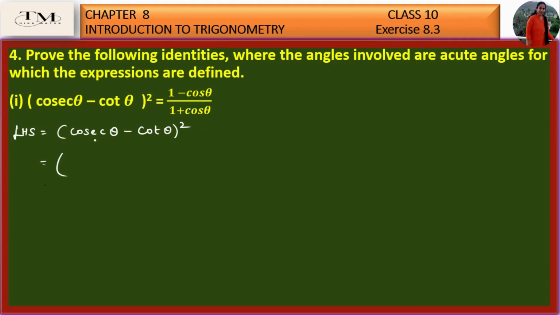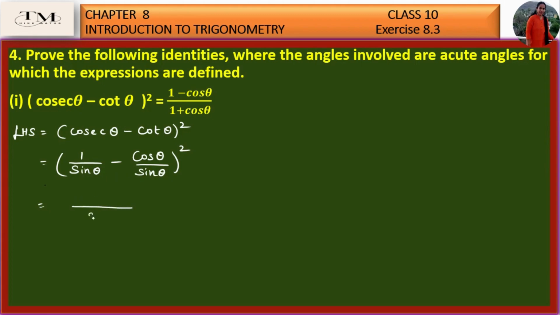How can you write cosecant theta in terms of sine and cos? Cosecant is nothing but inverse of sine, so 1 by sine theta. Cot theta is nothing but cos theta by sine theta, whole square. So we have sine theta as LCM.